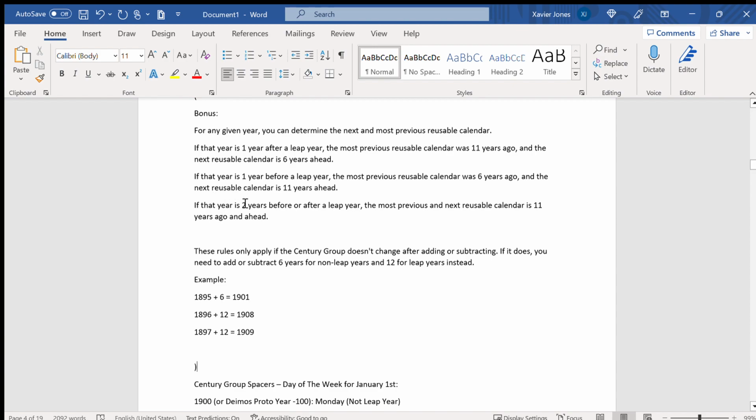And why does 1897 not work? Calendar for 1897 plus 6 would be 1903. And I verified that this doesn't work, right? January 1st is on a Friday, January 1st on a Thursday. Weird.